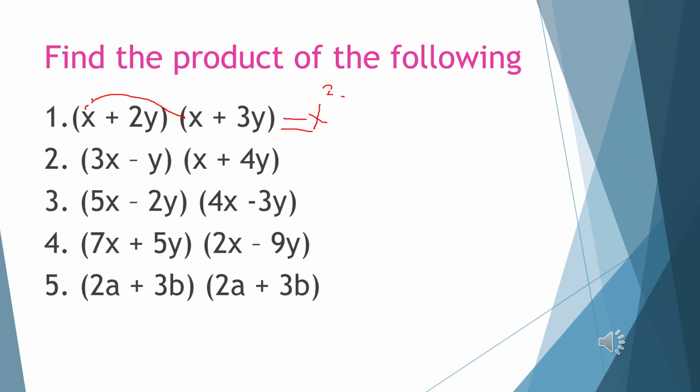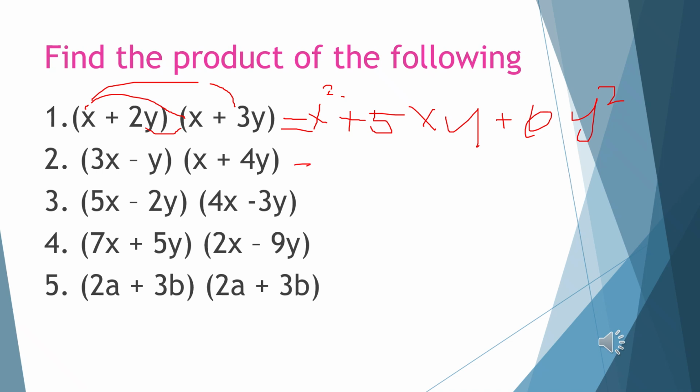Then we have x times 3y, that is 3xy. Then the inner, which is 2xy. So 3 plus 2, that is 5xy. Then the last term is 2y times 3y, that's 6y squared.